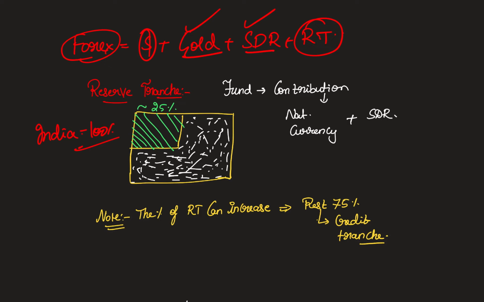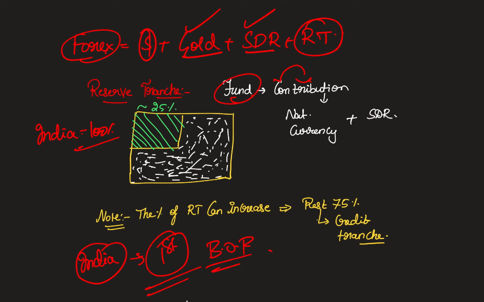Within this fund, say for example, roughly 25% is reserved as reserve tranche. So out of the total fund as a contribution that we give, this 25% is something that India can use as a matter of right in the first instance when it faces a BOP crisis without any payment of loans.